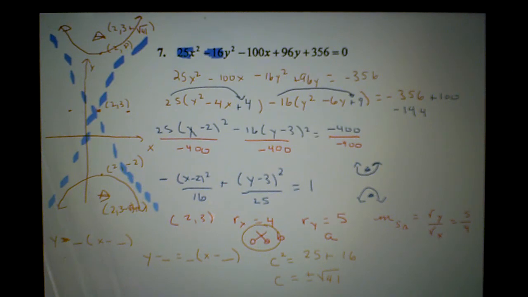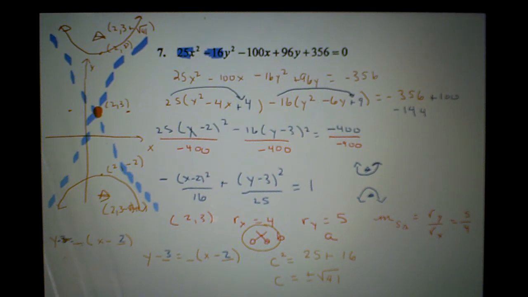Both slant asymptotes have an infinite amount of points on them, but they both share one point, and it is the center of a hyperbola. So why not use that? So the x-coordinate of the center, the y-coordinate of the center, and the slope of the slant asymptotes, rise, which is ry, run, which is rx.